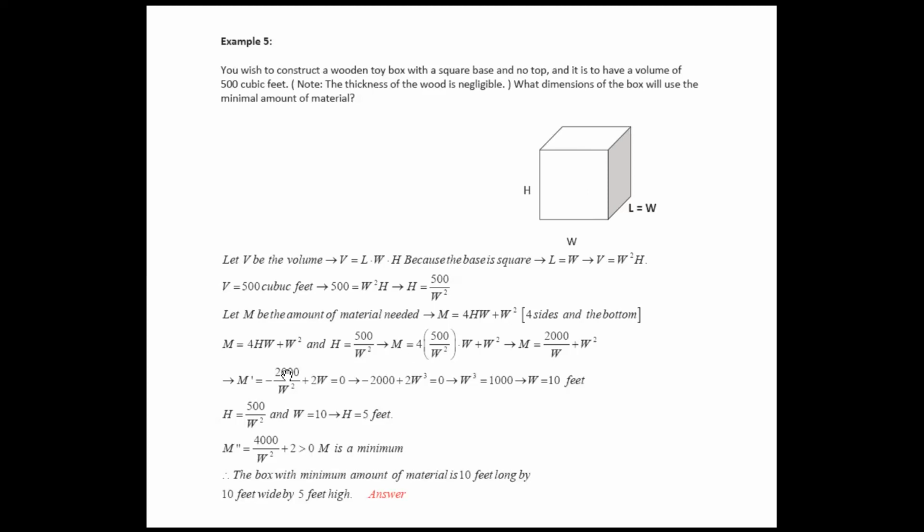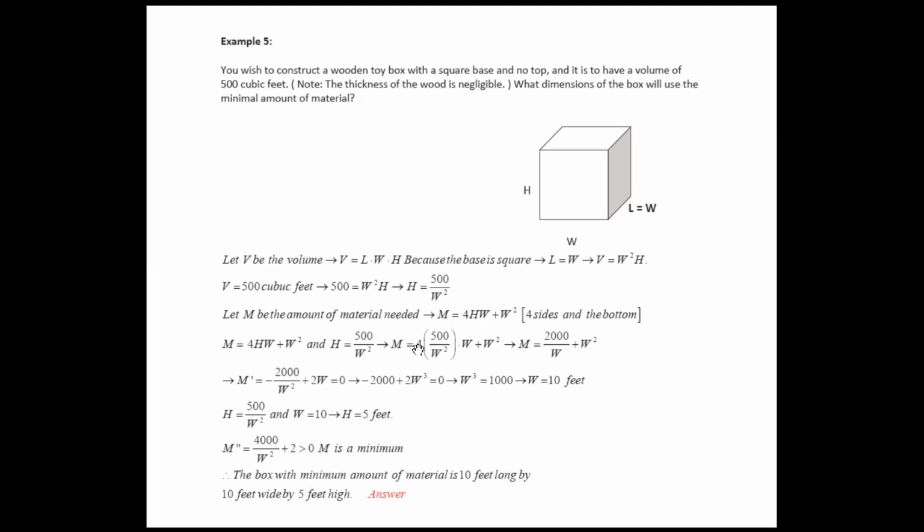So we have M is 4HW plus W squared, and we found here that H is 500 over W squared. So in the place of H, we're going to put 500 over W squared times W plus W squared. So now we have one unknown, that's simply W.